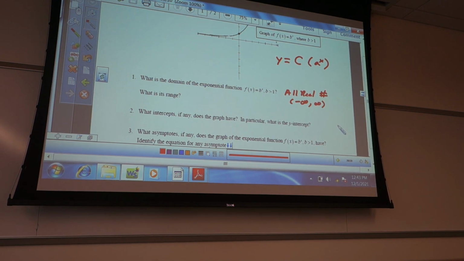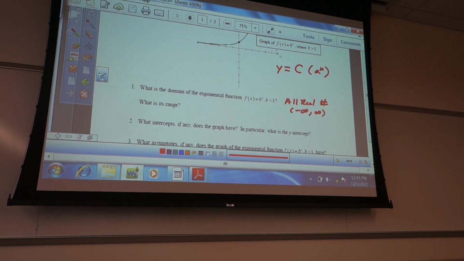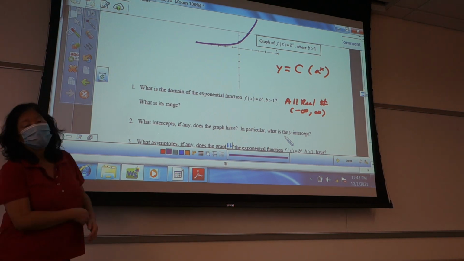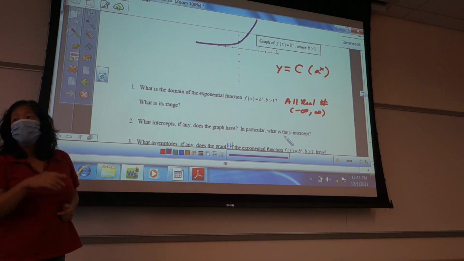What's its range? Aha, the range is a little bit different. So if you look at it, it sort of starts off here, goes up, and then goes up really steep like that. What's the lowest it goes? 0, but not equal to 0.